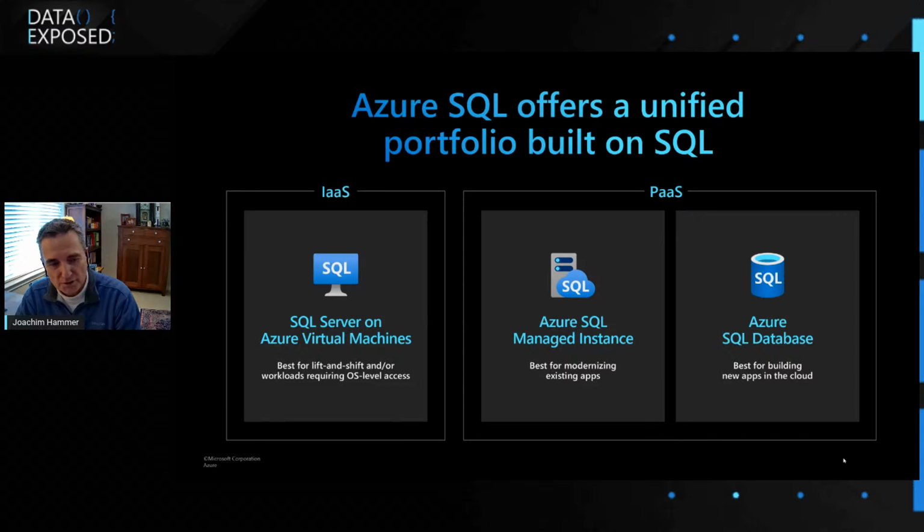What I want to stress here is that across all three offers, you get the same comprehensive, innovative security portfolio that will let you run your applications and workloads in a secure manner, no matter which of these three options you choose. Okay, so now here we are.